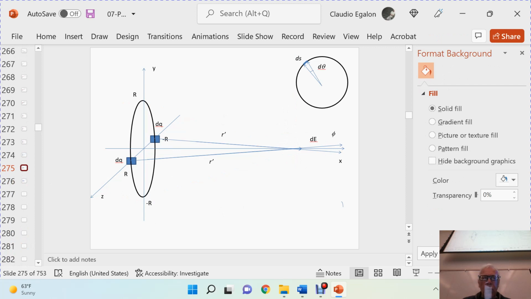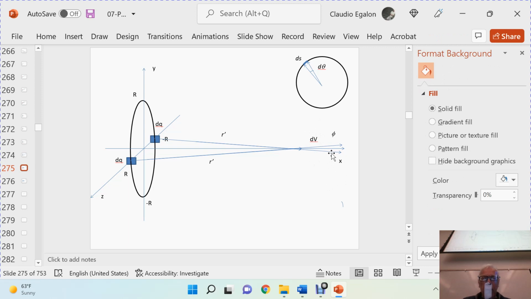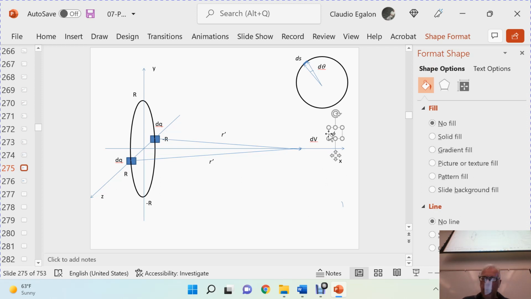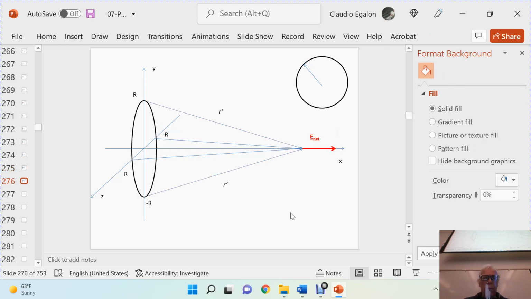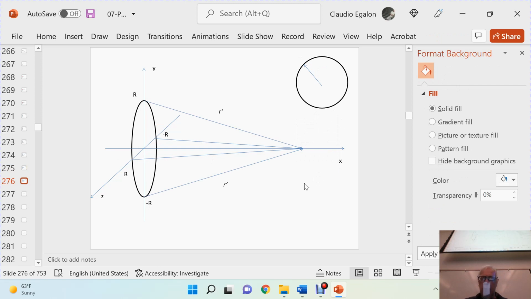Contributions of those. I can erase that. I don't need this guy. We're not going to have a net field because it's an electric potential. Everybody is equidistant, right?